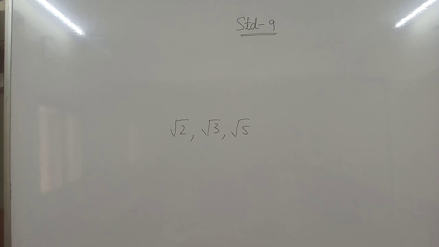Again, they are irrational numbers because when converted to decimal form by the division, the decimal form is a non-terminating, non-recurring decimal.